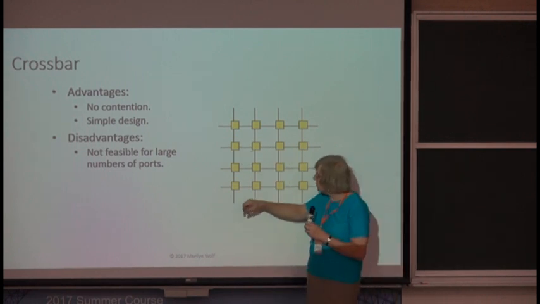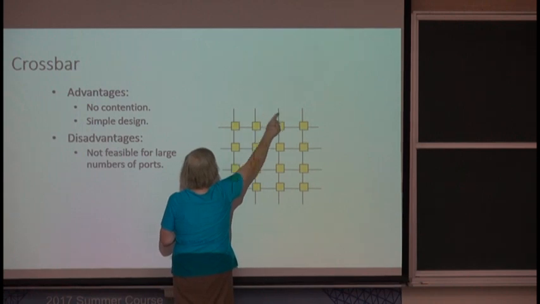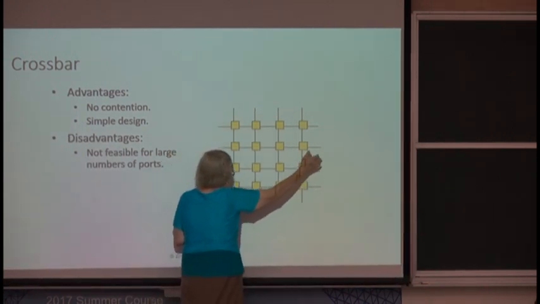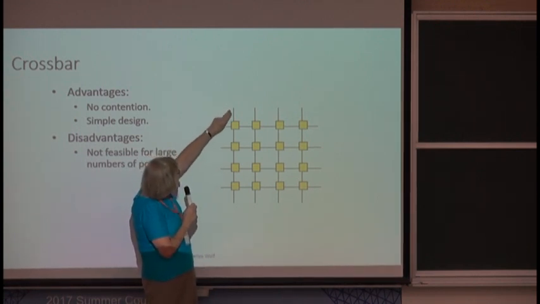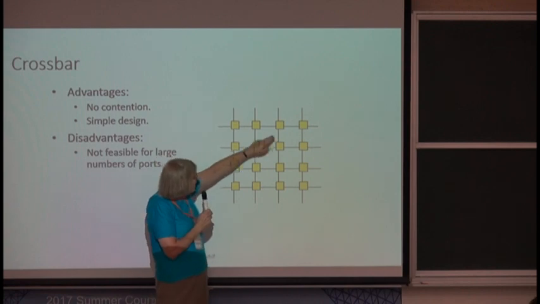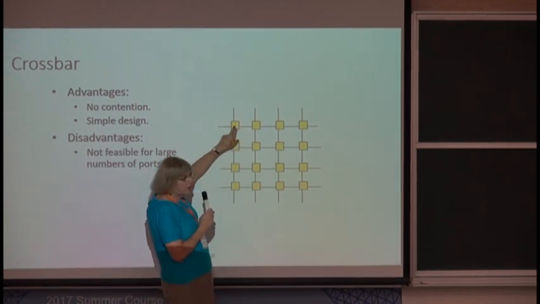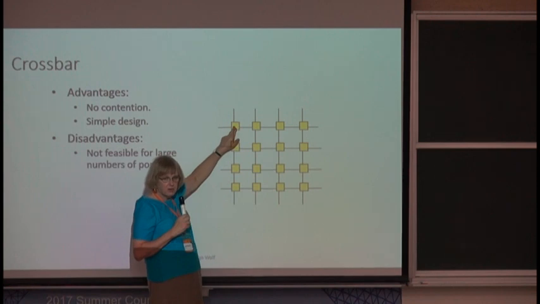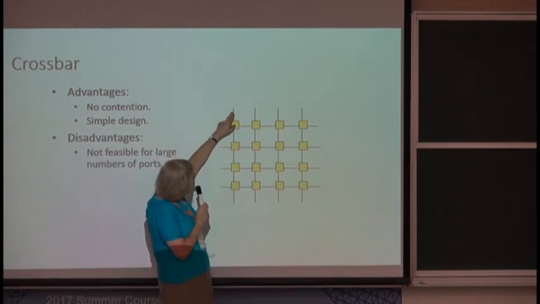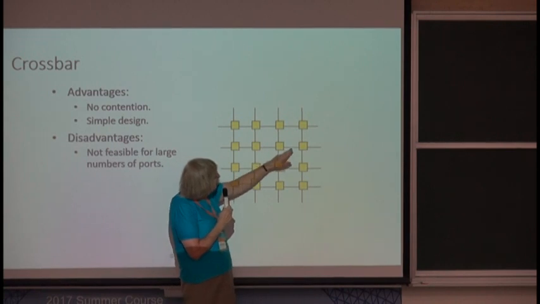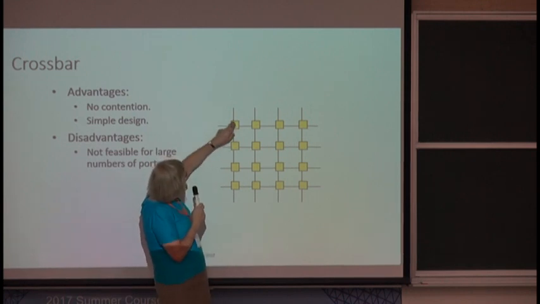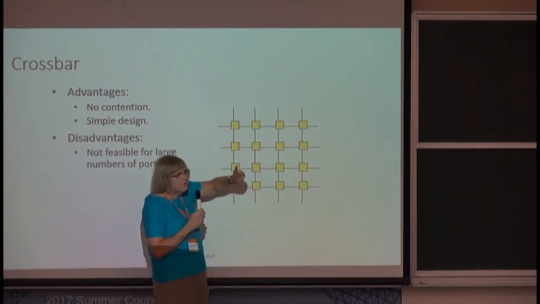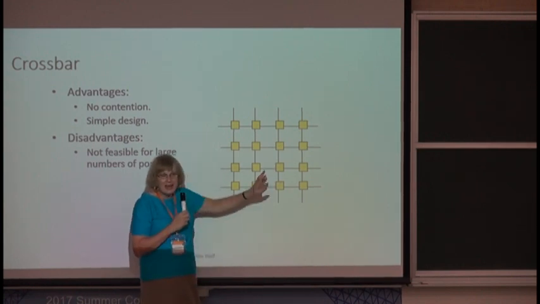So let's put all the inputs on the top here and all the outputs on the right here. If I want to send the leftmost input to the topmost output, I would turn on this cascade right here. If I want to send the leftmost input to the second output, I would turn on the second cascade. But as long as there is no interference between where the outputs want to go, I can do any combination.